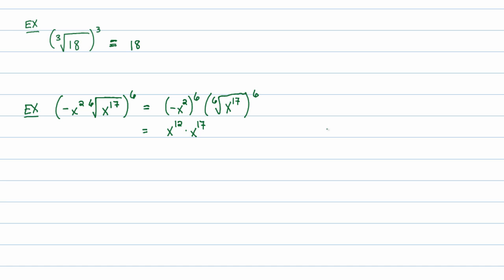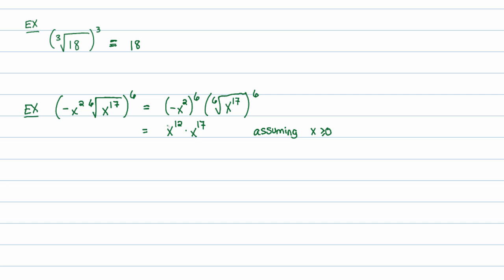Now again, that's assuming that we could do this, because if x is, let's say, negative to begin with, well, some negative number raised to the 17th power is still going to be negative, and you can't take the sixth root of a negative number. So this is just a warning that you must be extremely cautious when you do this. You have to assume that x is positive for this to happen.